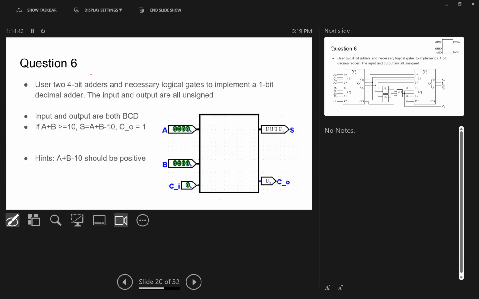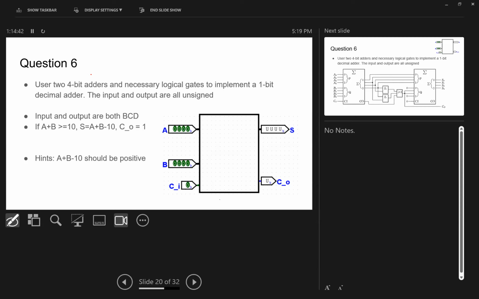And this AND gate should be D3 is equal to 1 and D2 is equal to 1, right? So we are going to OR these 3 possibilities. So we can say this signal is just S, right? Is it clear? Yeah. So after we get S, the CO is equal to S.